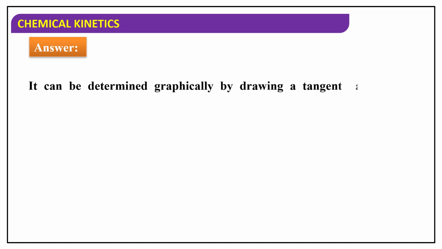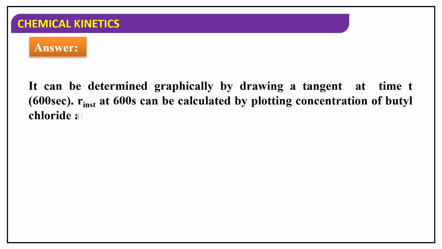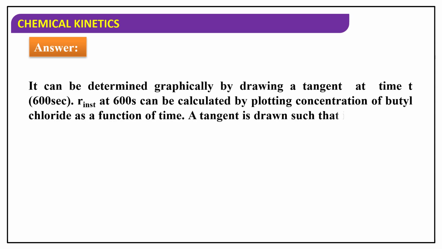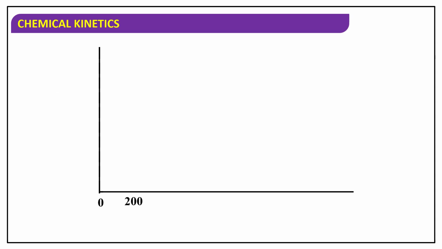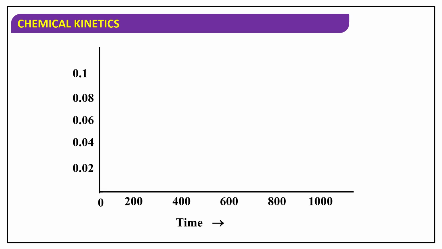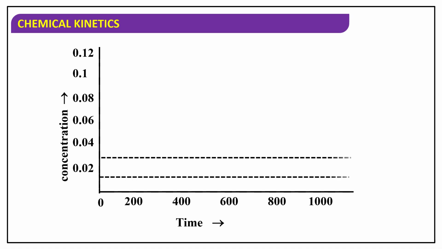It can be determined graphically by drawing a tangent at time t equals 600 second. First of all, we have to plot the graph according to the data provided in the table in the question.